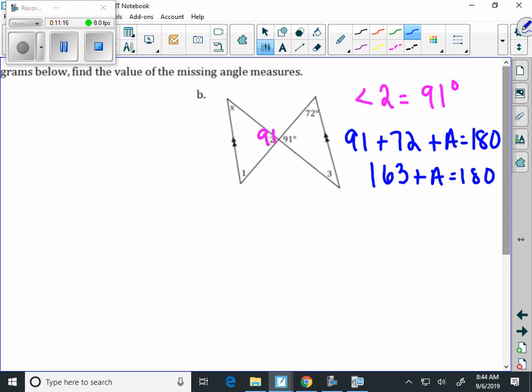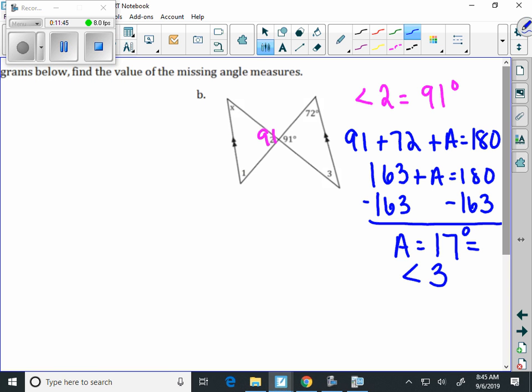And we can subtract 163 from both sides. And we end up with A equals 17. Well, we need to find 2 more values. We need to figure out what X is, and we need to figure out what 1 is. By the way, angle 17 degrees is really angle 3.